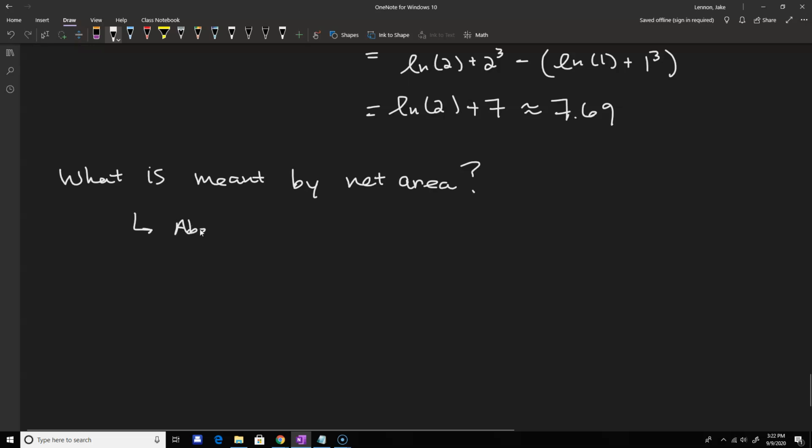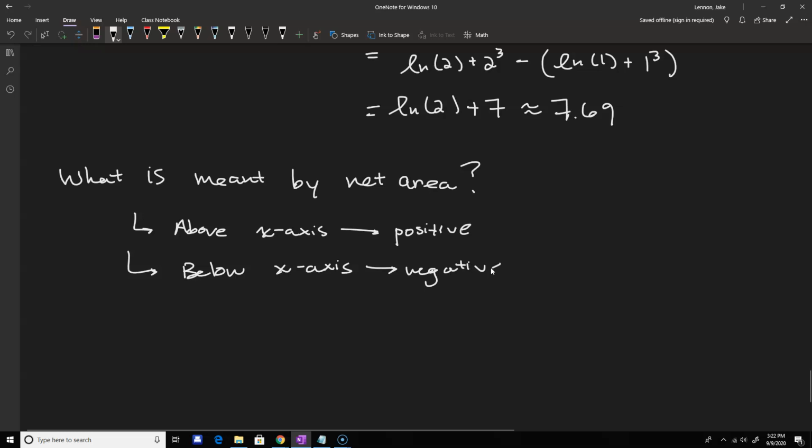Above the x-axis is positive. Below the x-axis is negative. And the positive orientation is left to right.